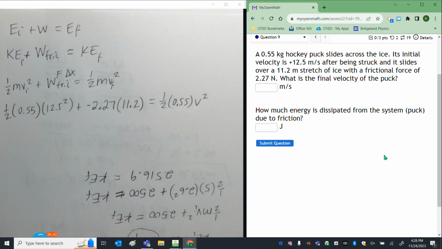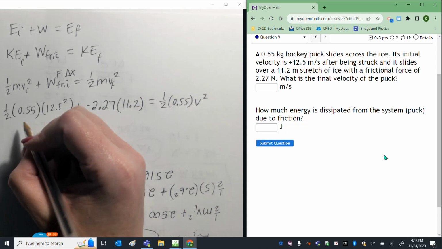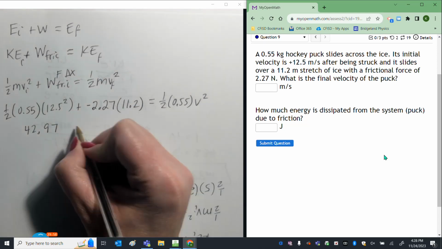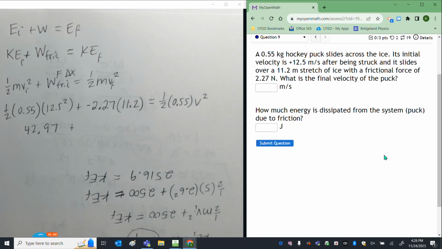Okay, so we have a lot of numbers here. Let's go ahead and solve for what we can. Half of 0.55 times 12.5 squared. This whole bit right here is 42.97 plus negative 2.27 times 11.2.